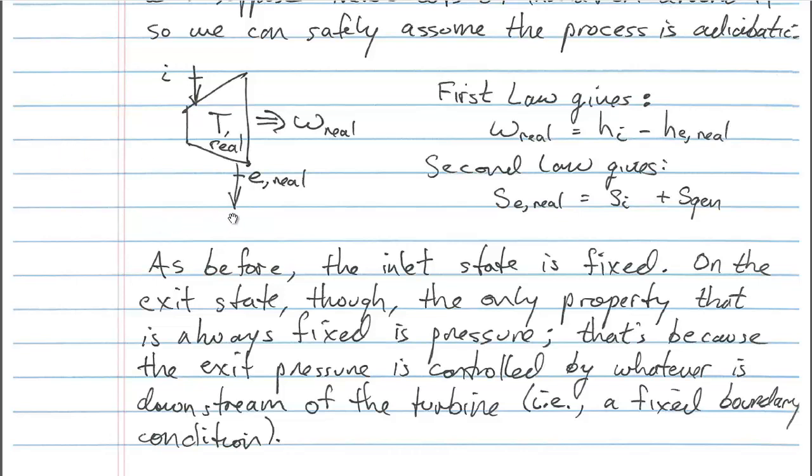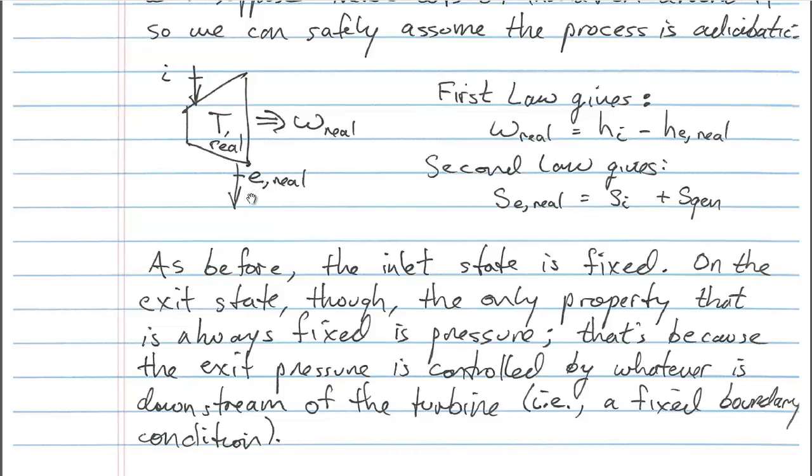By virtue of that pump drawing a vacuum on the condenser, and then eventually on the turbine's exit state, that pressure is a boundary condition to the turbine. So this exit state's pressure is actually controlled by the vacuum, or the negative gauge pressure, if you will, that's being pulled by this pump. So the point is that this exit state pressure of this turbine is controlled by something outside of the system. It's what we call a boundary condition.